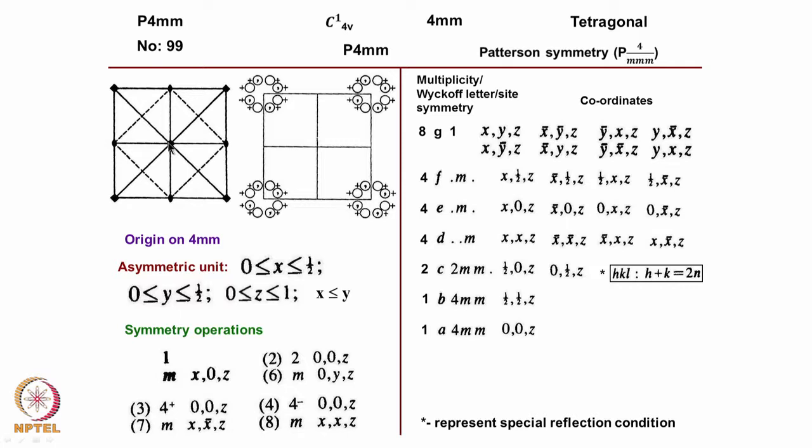There is only one atom to be kept here. Suppose we keep it here, the symmetry of this point is 2 mm. And if you look at it, that means that one twofold is missing. So then one more point we have to repeat by symmetry, so that it will satisfy the complete symmetry. That is what these 2 points turn out to be.